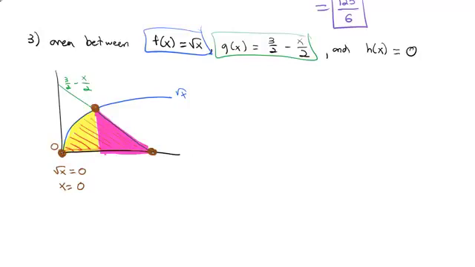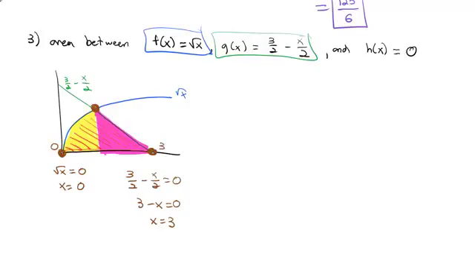On the right side, that's where the green line hits 0. So we could say 3 halves minus x over 2 equals 0. Multiply everything by 2 gives us 3 minus x equals 0. Add x to both sides, and we get x equals 3. So we've got an x-coordinate of 3 on the right.